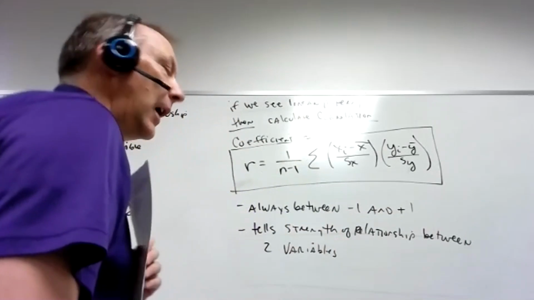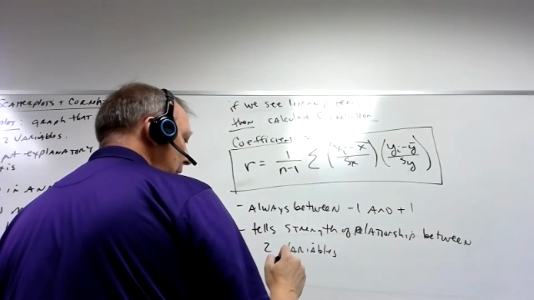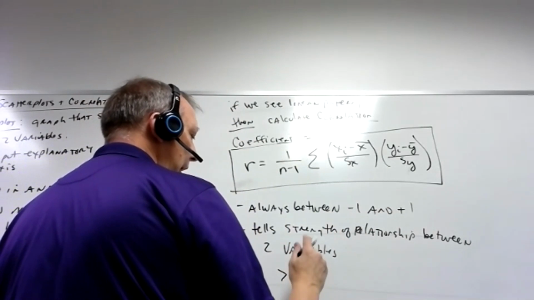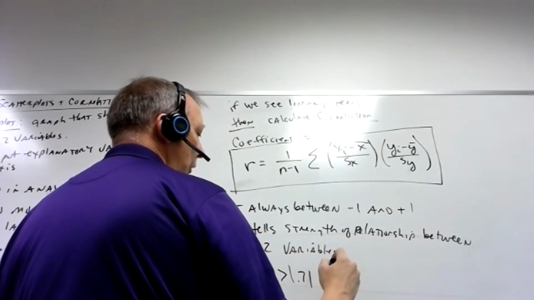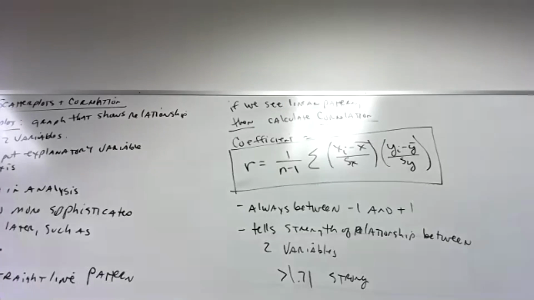Okay, and so if the absolute value is greater than 0.7, we're going to call that strong. Now I'm going to give you these rules today, and then tomorrow I'm probably going to break them. But we'll use these for now.